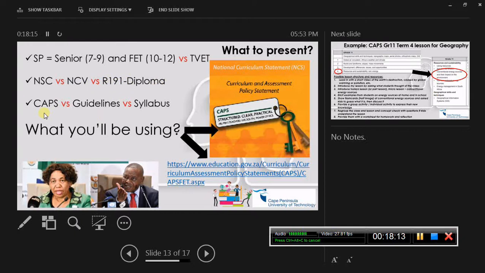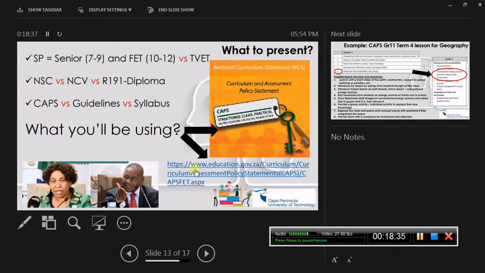Now, what would you be using? You will be using a document known as CAPS. CAPS stands for Curriculum and Assessment Policy Statement. These are used at the normal schools, right? Guidelines, subject guidelines and assessment guidelines, those are used at TVET colleges, and syllabuses are used at TVET colleges. So we're going to focus on the CAPS document.